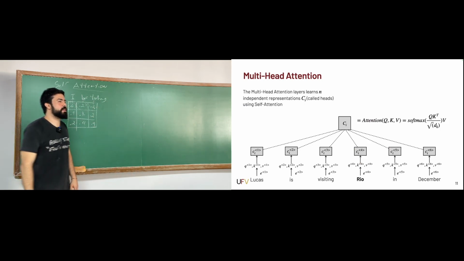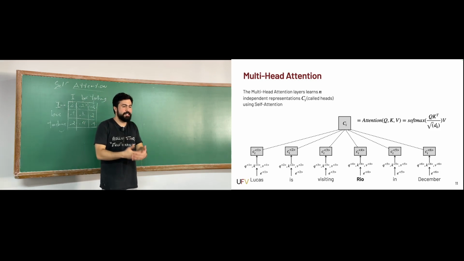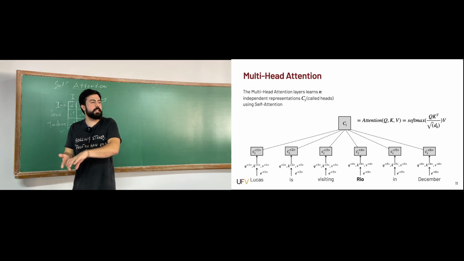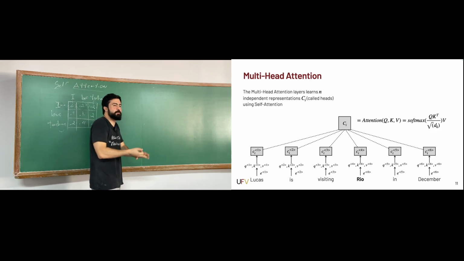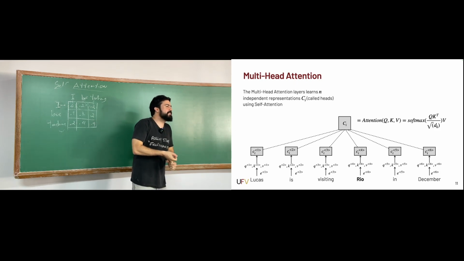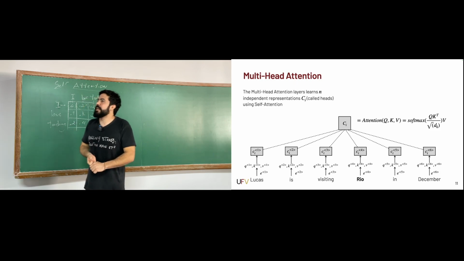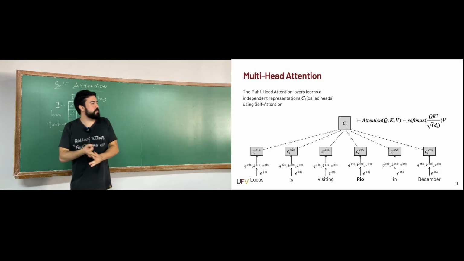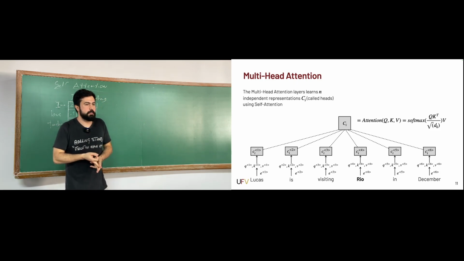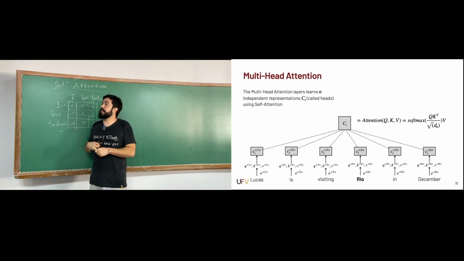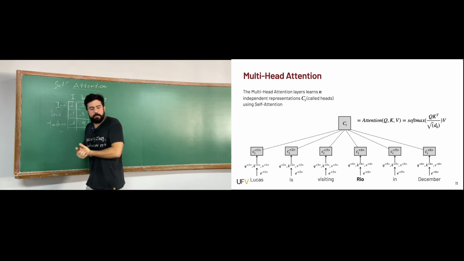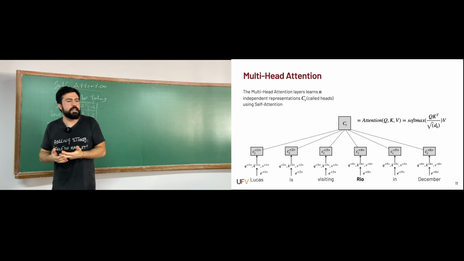So now we're going to borrow an idea from CNNs, right? We're not going to learn one set of Q, K, and V's. We're going to learn multiple Q, K, and V matrices, as we did in CNNs. Like in CNNs, we learned multiple filters, right? Here we're going to learn multiple contextual representations. That's why the layer of the transformer is called multi-head attention.